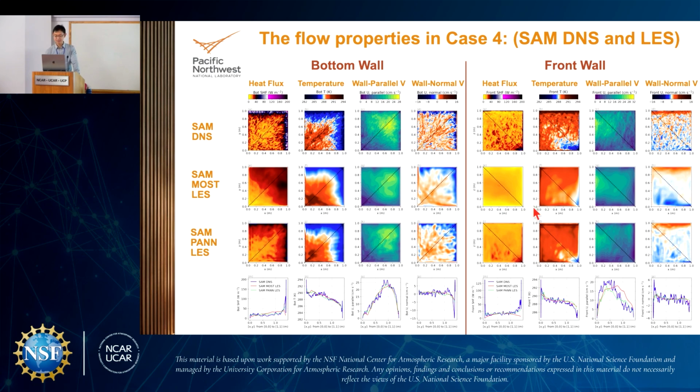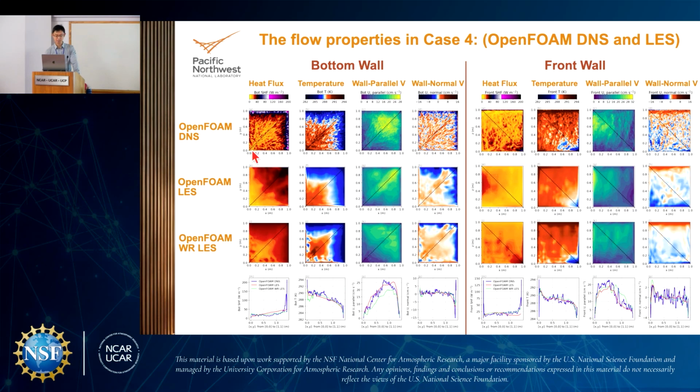However, for the sidewalls, we can see that if the heat flux is underestimated, then the cold air is also underestimated. And these are from OpenFOAM DNS, LES, and wall-refined LES. Again, we can see that the distribution from LES itself is not close to DNS, but the wall-refined grid can help. It improves the distribution and makes it closer to DNS.